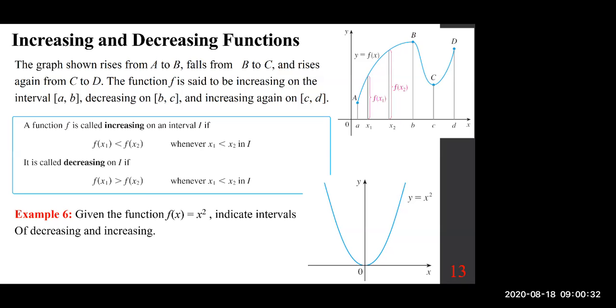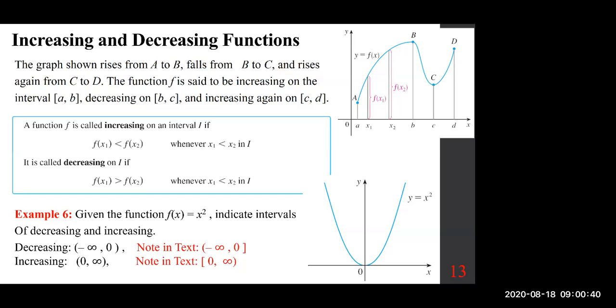The function goes from negative infinity to 0 is decreasing, from 0 to infinity is increasing. So pay attention to my notation. I don't like to include the 0 in any of it, whereas your text does. To get full credit for your homework, you probably want to stick with what your text does.